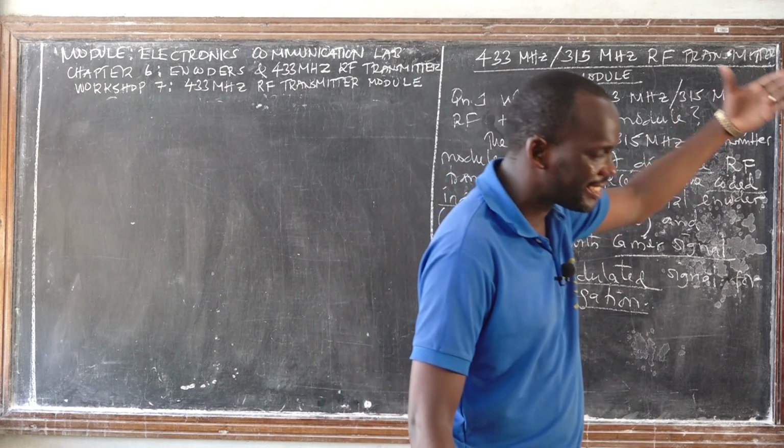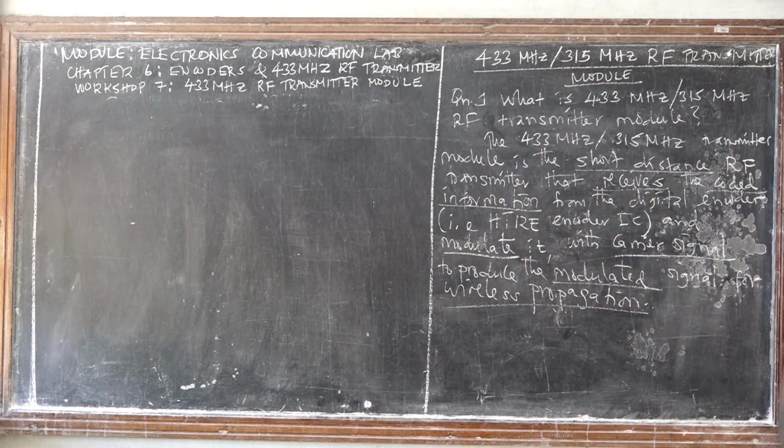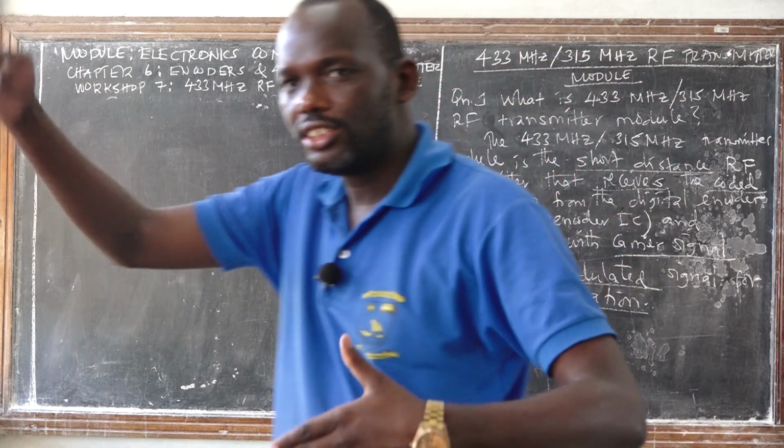So simply, once it receives the coded information, which is actually called the information signal, it modulates. It superimposes that information signal, the coded information, onto the carrier signal. Information signal plus carrier signal, we get the modulated signal.